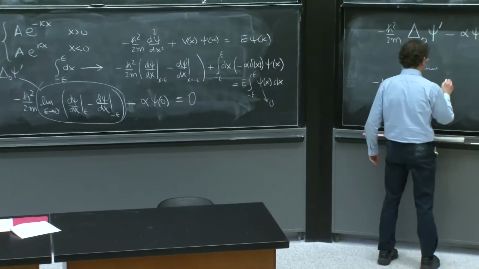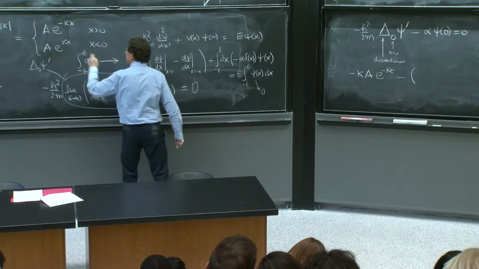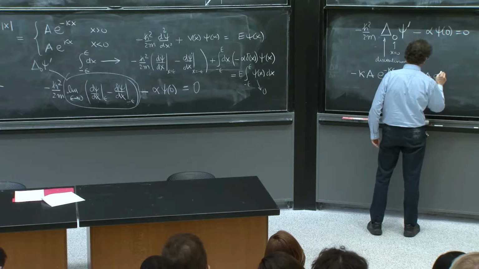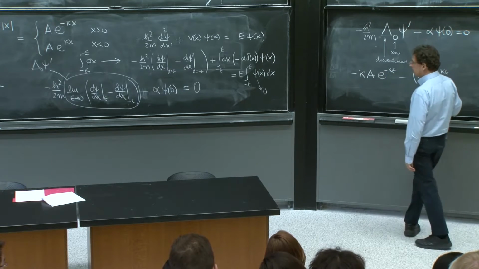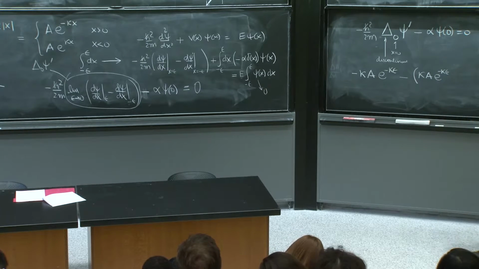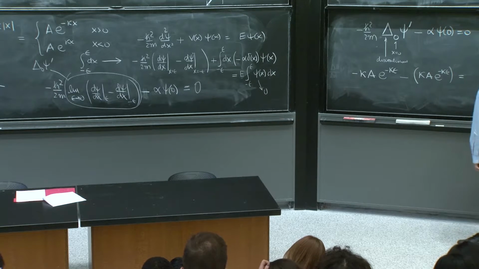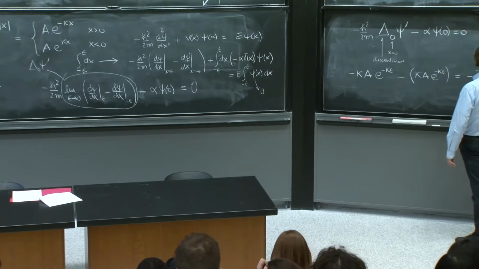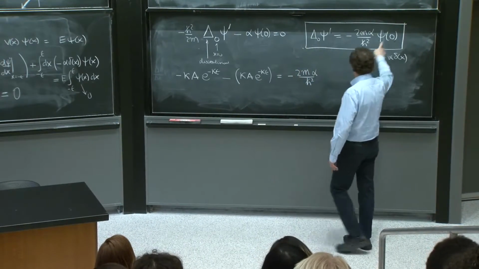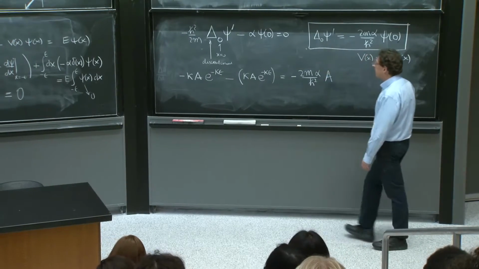Minus the derivative on the left side. So this is kappa a e to the kappa epsilon. No, kappa minus epsilon. Again. So that's the left-hand side. The right-hand side would be minus 2m alpha over h squared psi at 0. Well, psi at 0 is a. So that's what it gives us.